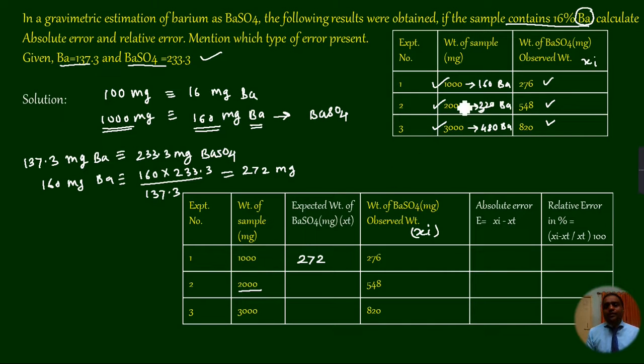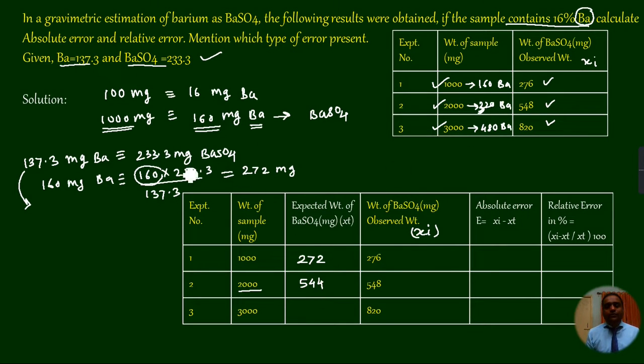Then in the same way, if you calculate for 2000 milligrams, we will have 320 milligrams of barium, and that barium will be corresponding to, for example, 544 milligrams. How do you find this? In the same way, instead of 160, you just put a 320 value and solve this, you will get this value.